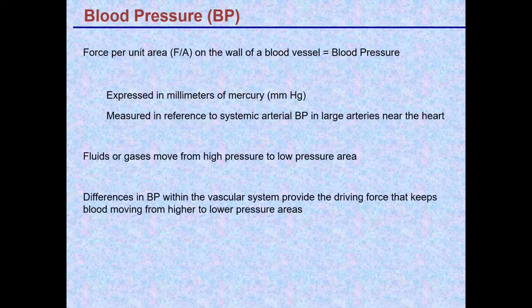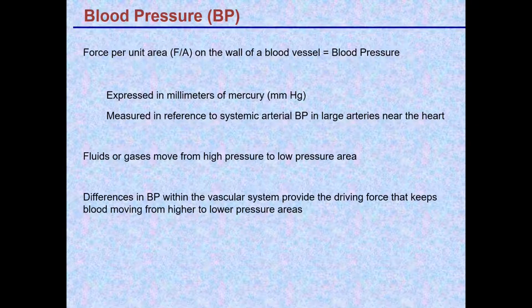Okay, so now in terms of blood pressure, the pressure in a blood vessel is really the force per unit area, the force on the wall of the vessel pushing outwards. It's typically expressed in millimeters of mercury.